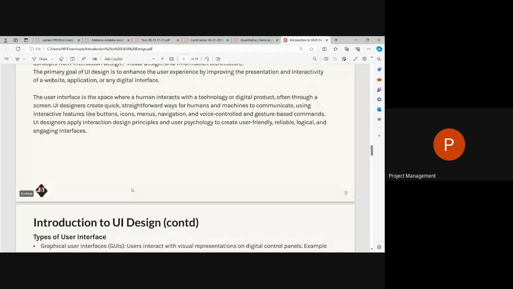So we're going to get to that. You can implement these features to enhance your users' experience in aspects of accessibility. You can use user psychology to create a user friendly, reliable, logical, and engaging interface.